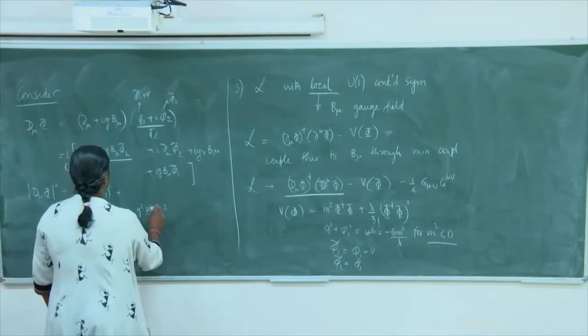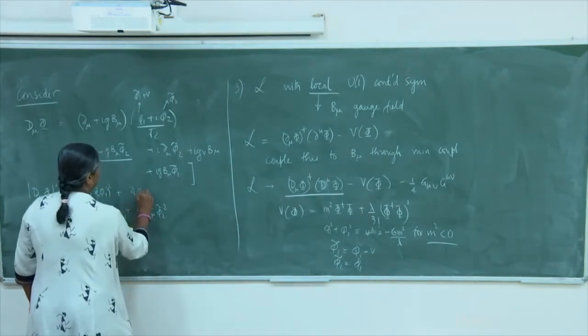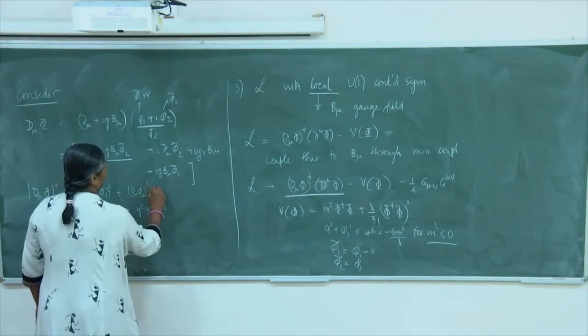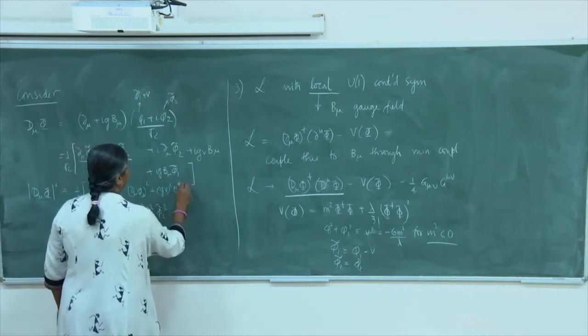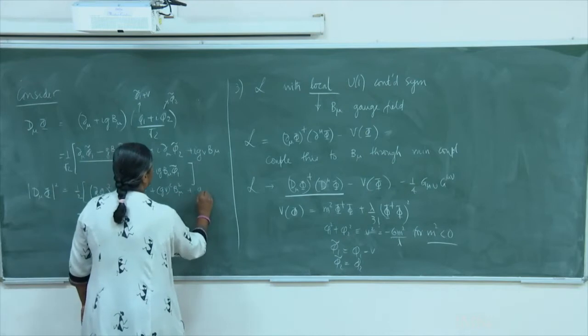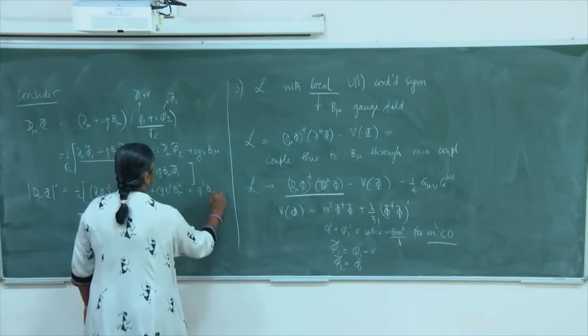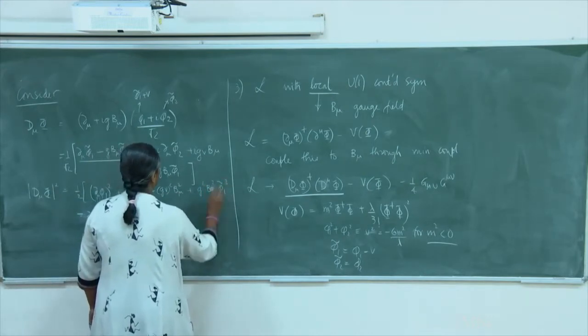Now I have to square this, so I will get d mu phi 2 squared plus g v squared B mu squared plus g squared B mu squared phi 1 tilde squared.